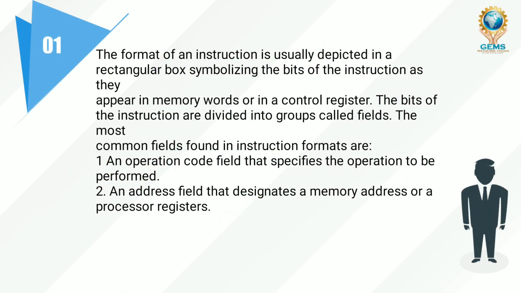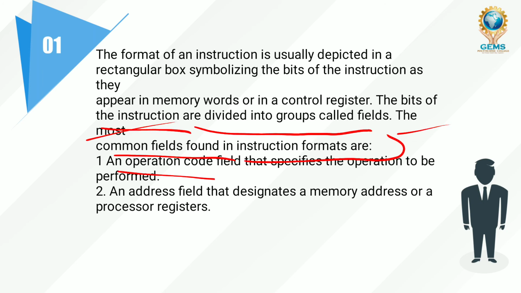So the format of instructions is usually depicted in a rectangular box symbolizing the bits of the instructions as they appear in the memory words or in a control register. The bits of the instructions are divided into groups called fields. The most common fields found in instruction formats are an operation code field that specifies the operation to be performed, then an address field that designates the memory address or a processor register.